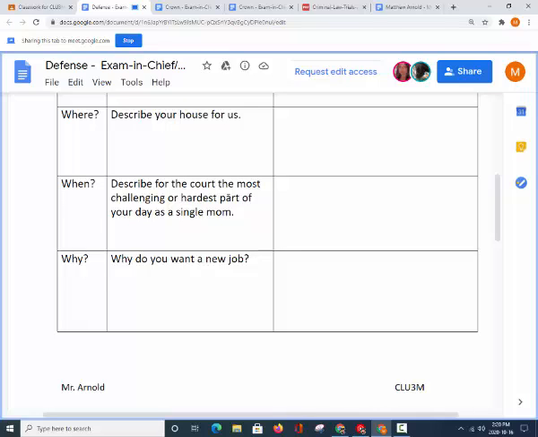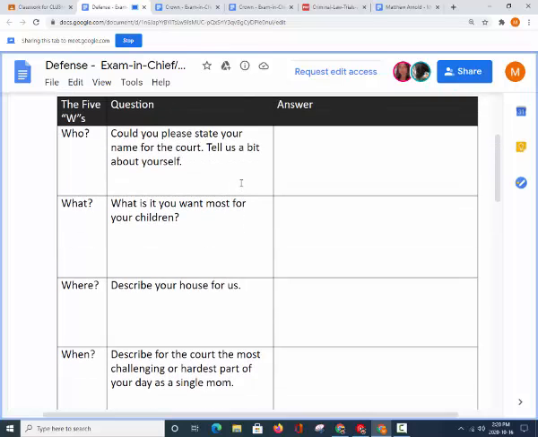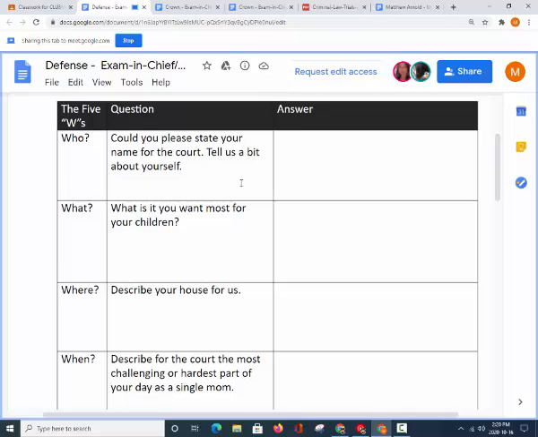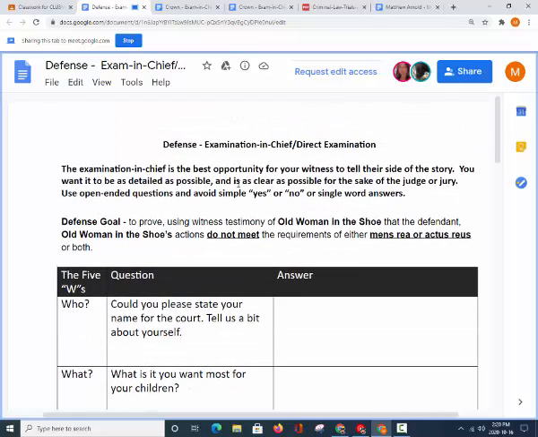Maybe she can afford some child care. So you want to create some sort of level of sympathy toward her. So you are trying to sow doubt as to the intent of the woman to do harm to her children. And that is a look at the two sides of how we handle examination in chief or direct examination.